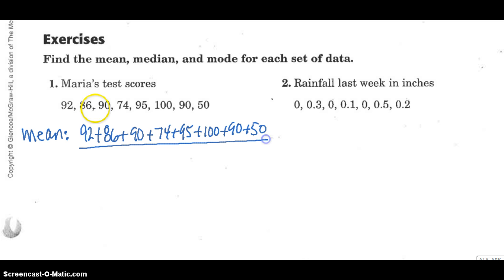And divide by 1, 2, 3, 4, 5, 6, 7, 8. We have 8 numbers there. So that totals 677. 677 divided by 8 is about 85. So 84.6. So I'm going to say approximately 85 is our mean.